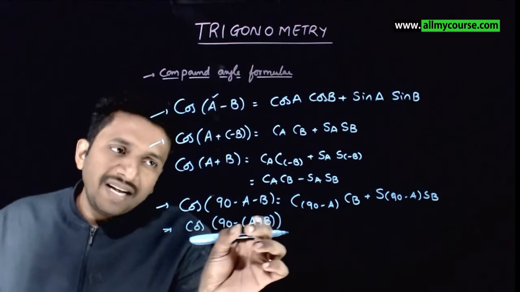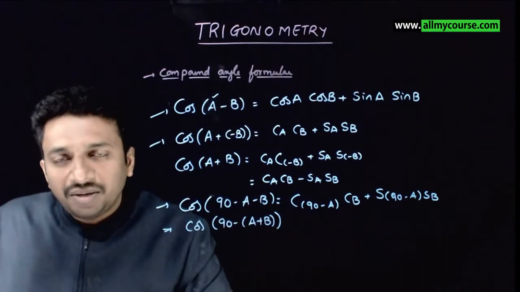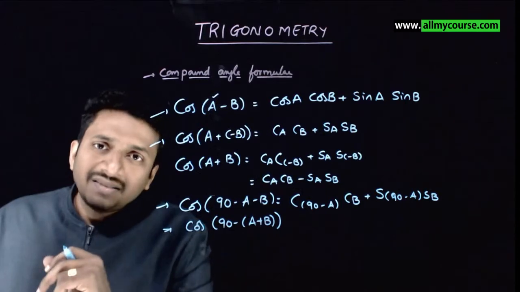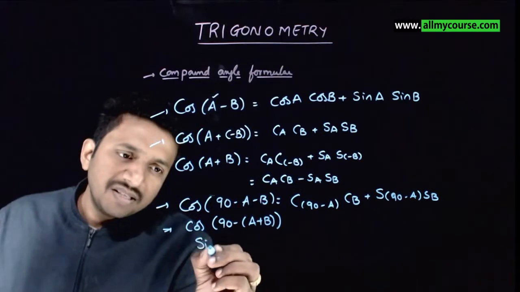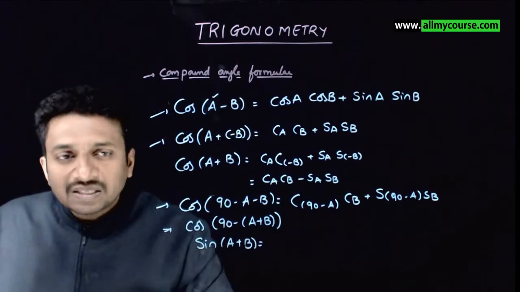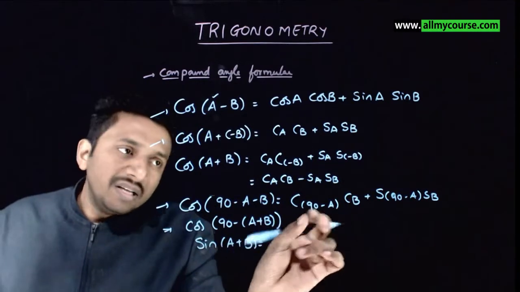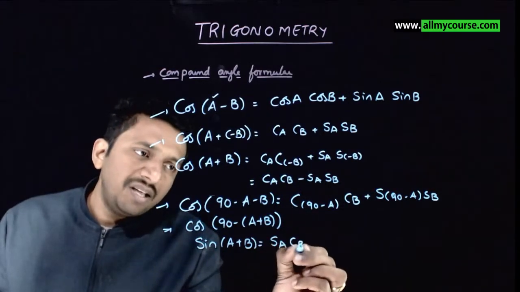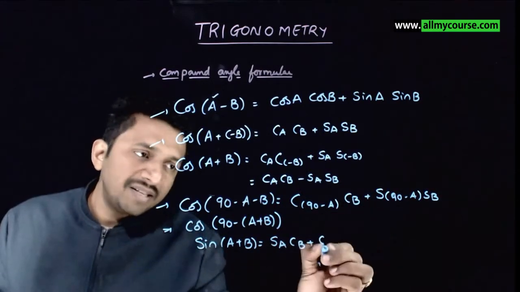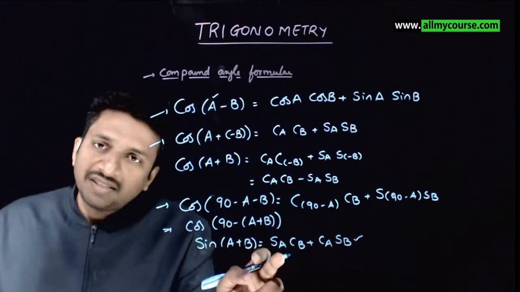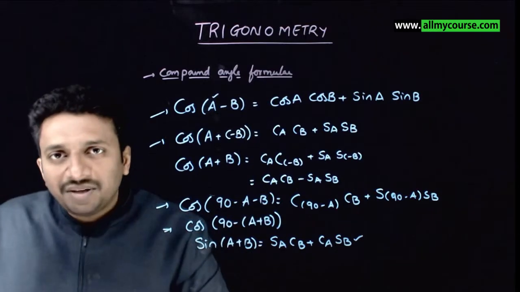Cos(90 minus theta) is sin theta, so this becomes sin(A plus B), and cos(90 minus A) is sin A, sin(90 minus A) is cos A. So sin(A plus B) is sin A cos B plus cos A sin B.